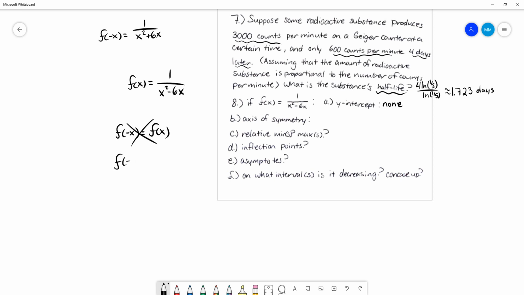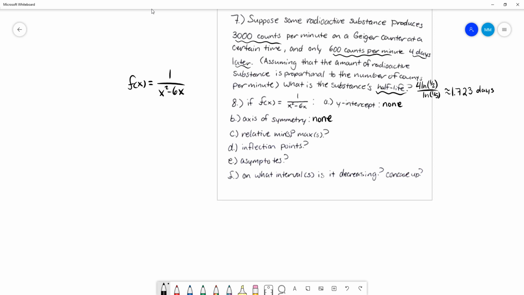Let's see if it's odd, which would be this. So if I plug that in, a negative f of x would be more like this, which also isn't equal to that, so it's not even and it's not odd, which means it's not symmetrical with respect to any axis. So it has no axis of symmetry.